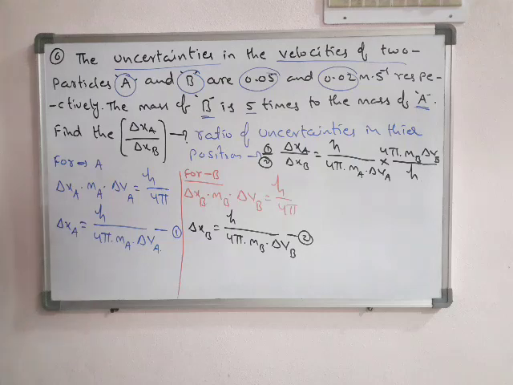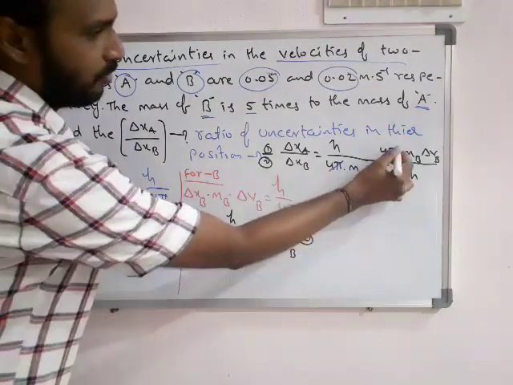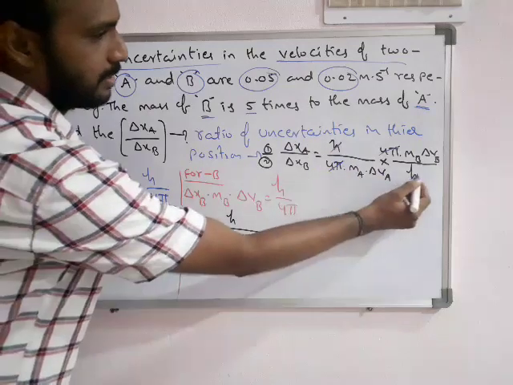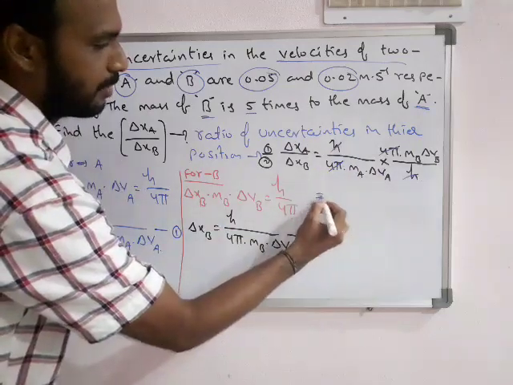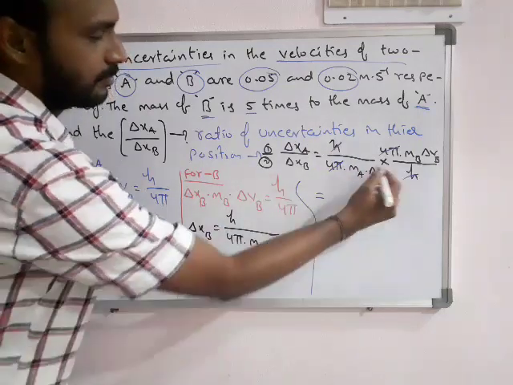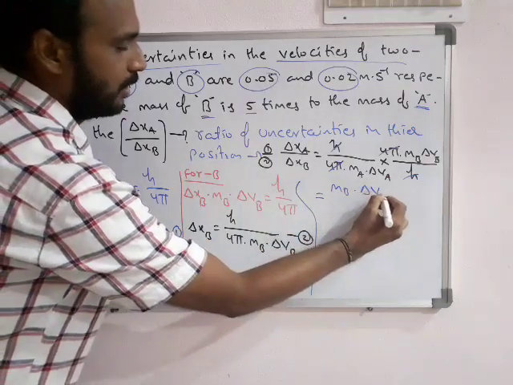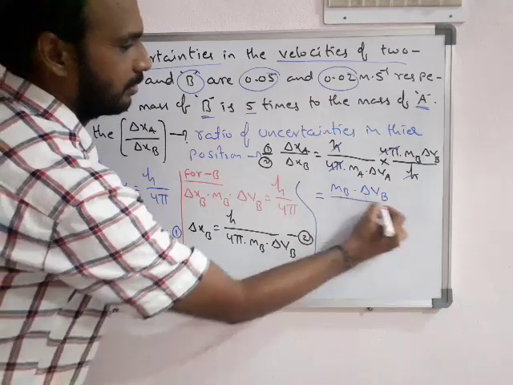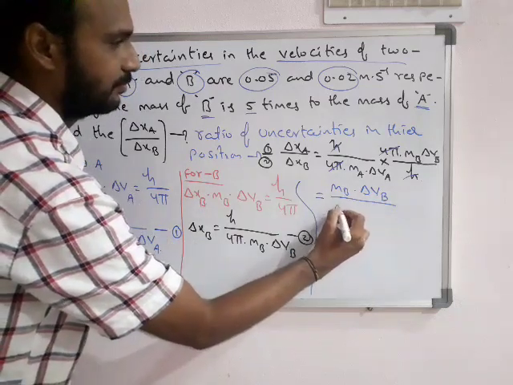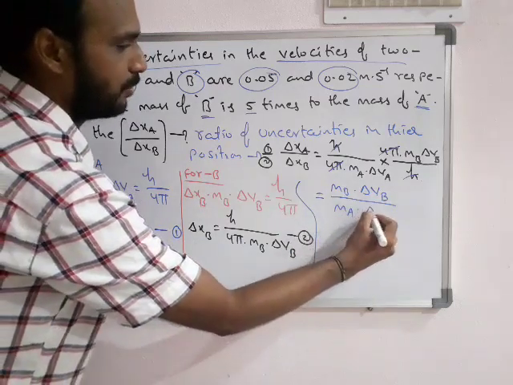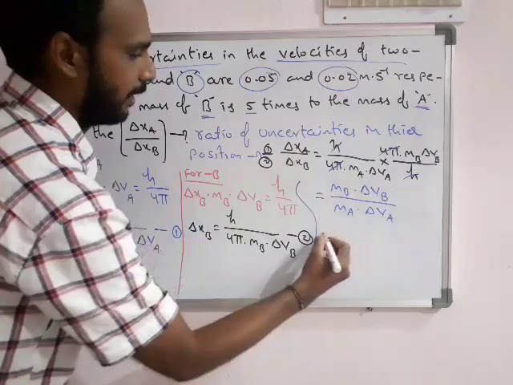Okay, so on this calculation, what will be cancelled? 4 pi gets cancelled, h gets cancelled. So what is the remaining one? Mass of B into delta VB by mass of A into delta V of A.